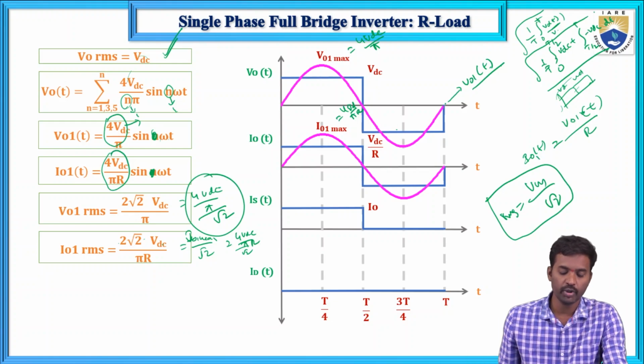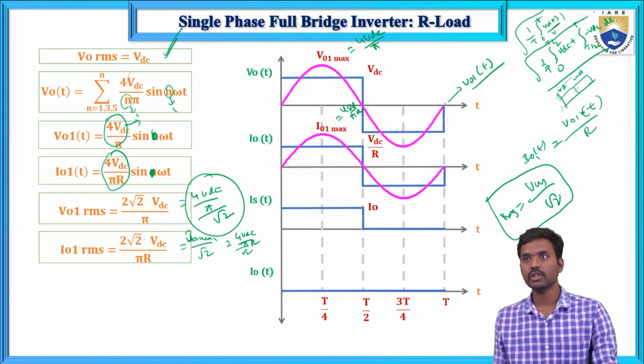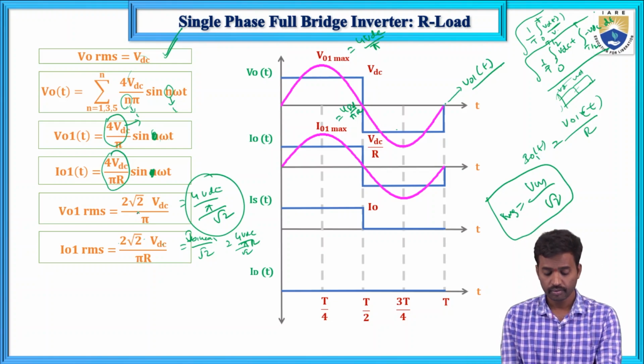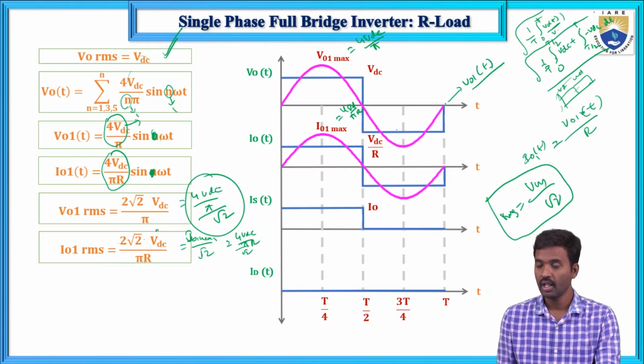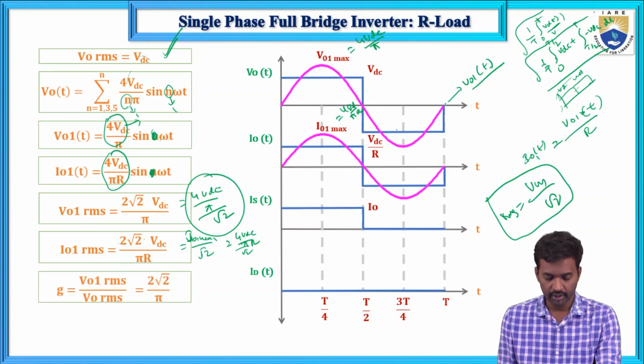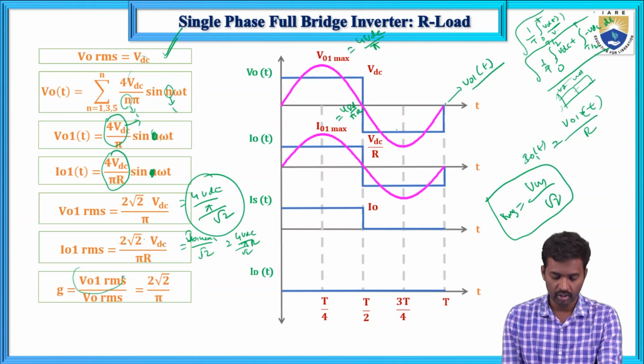The fundamental component of RMS voltage equals 2 root 2 by pi VDC, and the fundamental component of RMS current equals 2 root 2 by pi R VDC.